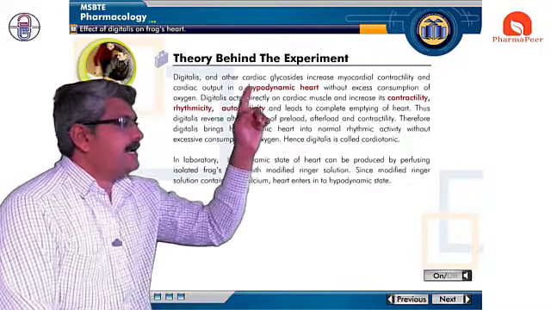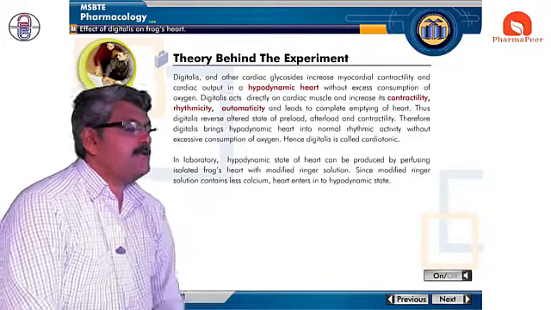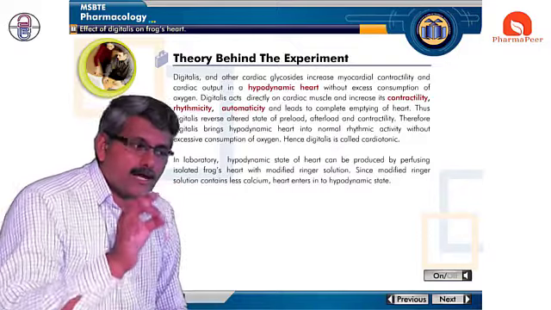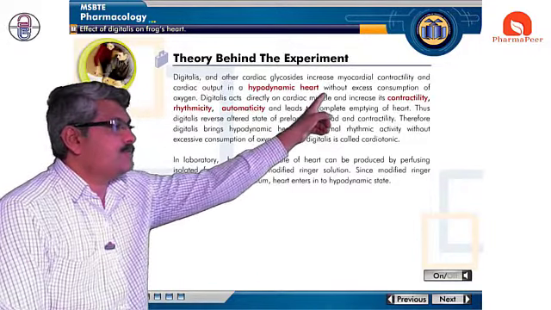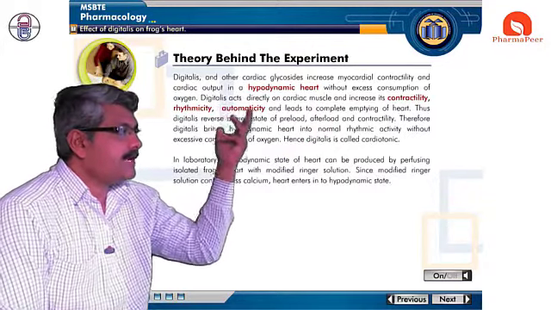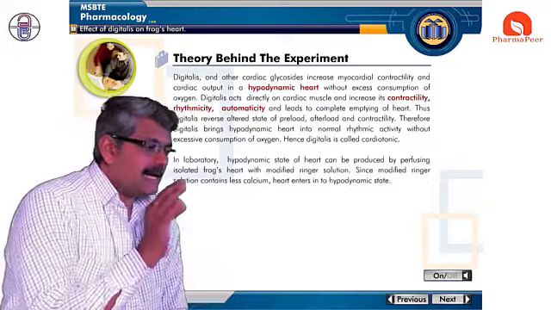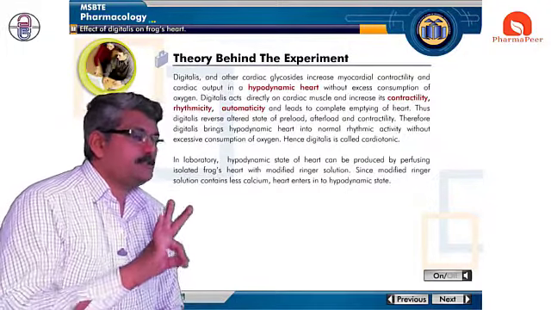But what these cardiac glycosides do is increase myocardial contractility without excessive consumption of oxygen. That is the most important thing. Without excessive consumption of oxygen. And thus, digitalis acts directly on cardiac muscle and increases three parameters.